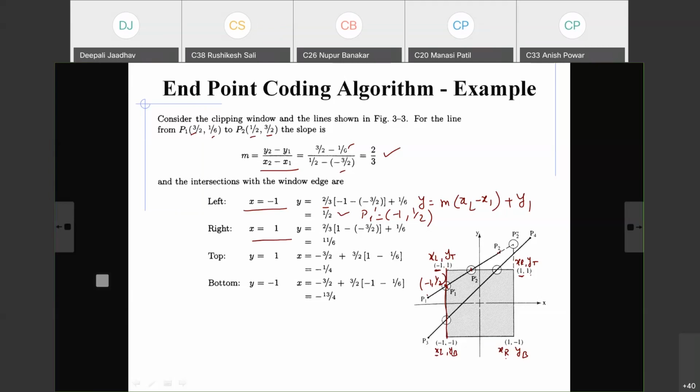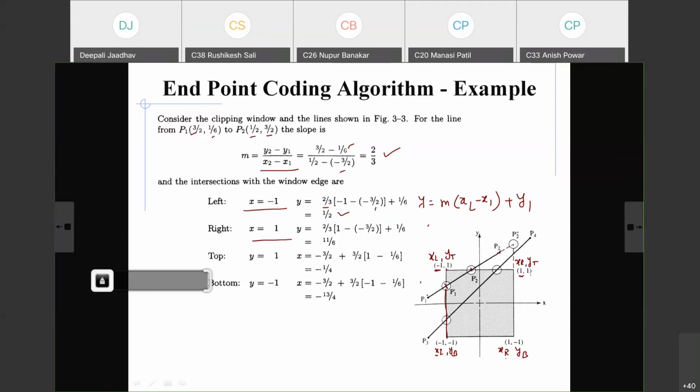Sorry, it is not this point. I am a little bit confused. First we calculate all the points, then I will explain. So first we calculate the left point, that is minus 1 and 1 half.